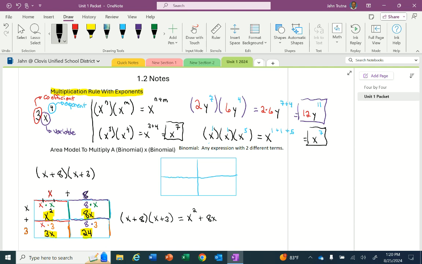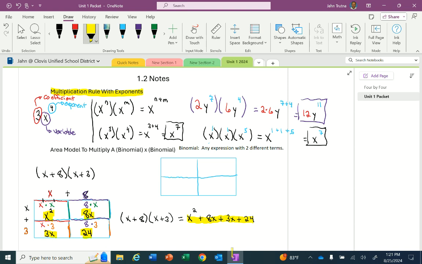And why did I put plus 8x? Because that 8x is positive. Then I'm going to go down to the 3x. That is positive, and so I put positive 3x. And then I go down to the 24, and because 24 is positive, I put plus 24. Okay, and that right there, x squared plus 8x plus 3x plus 24, is your answer.